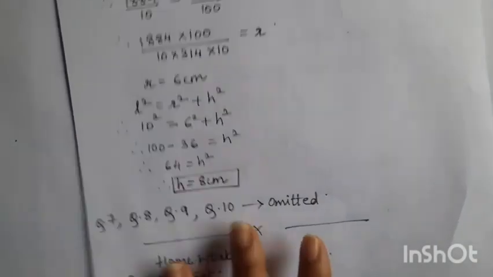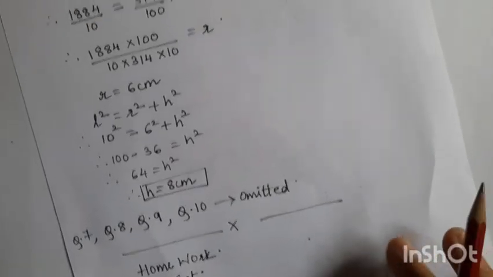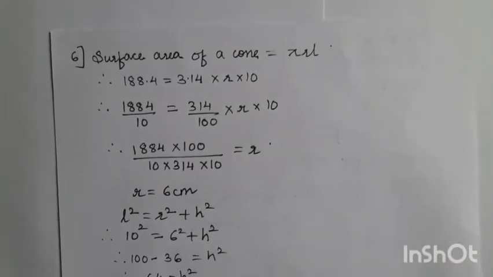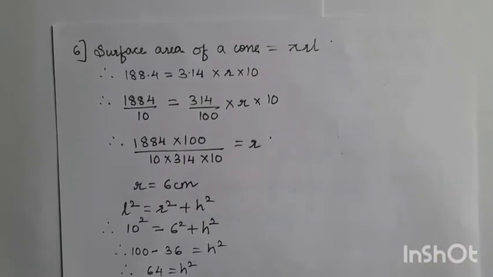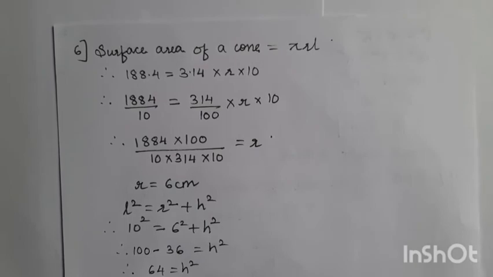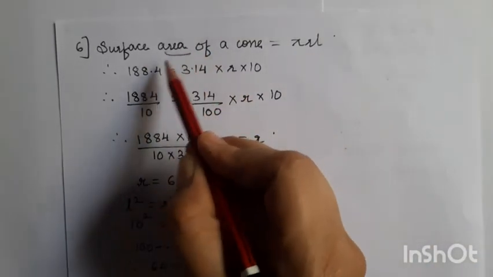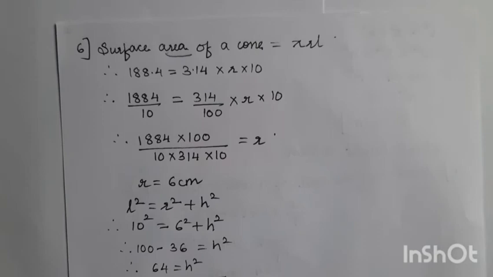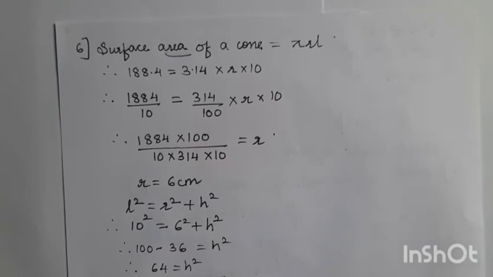Okay. Next, sixth sum. Surface area of a cone is 188.4 square centimeter. Now here the surface area is given to us. Then its slant height is 10 centimeters.